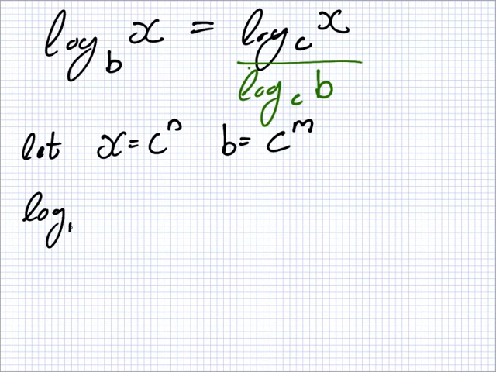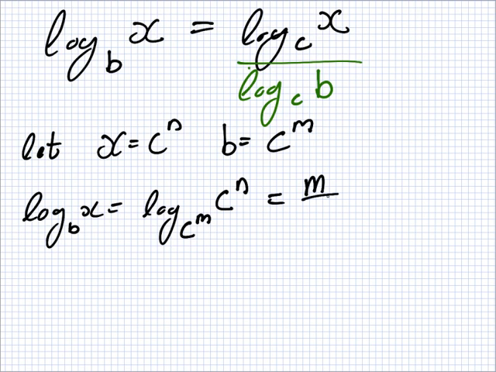So log_b x equals log_{c^m}, and on the top what do I have? c^n. What is this equal to? We kind of saw this in the last proof. n over m. Yes.